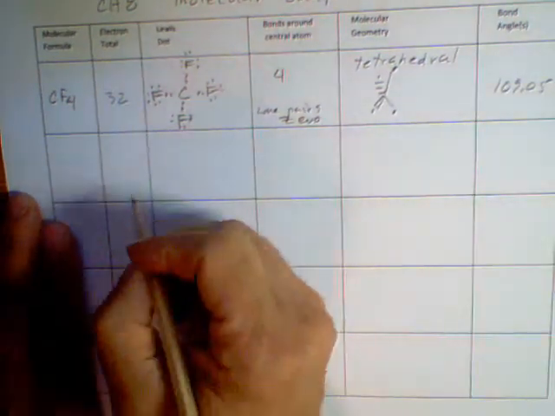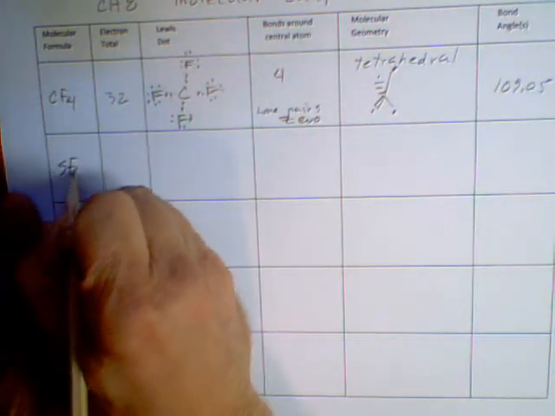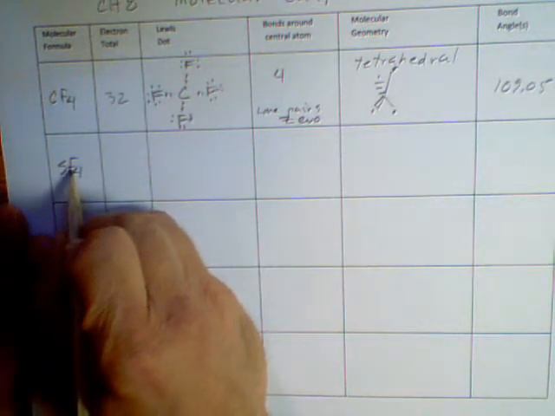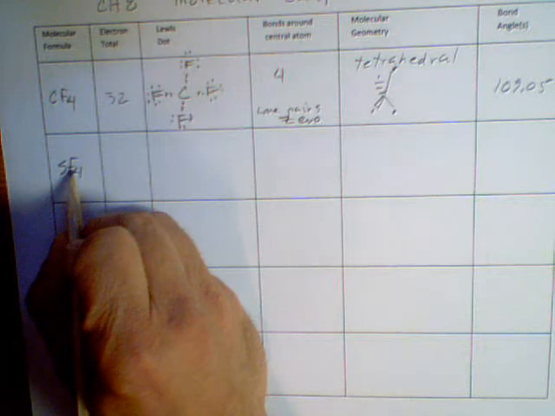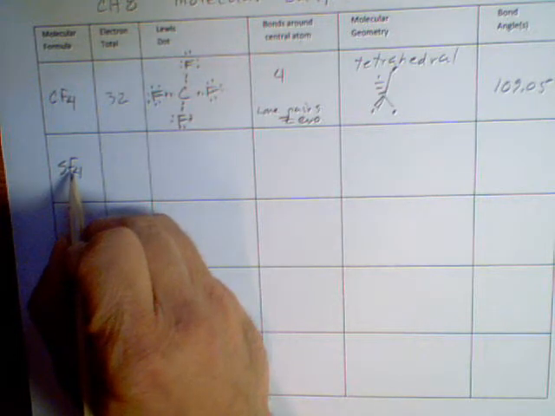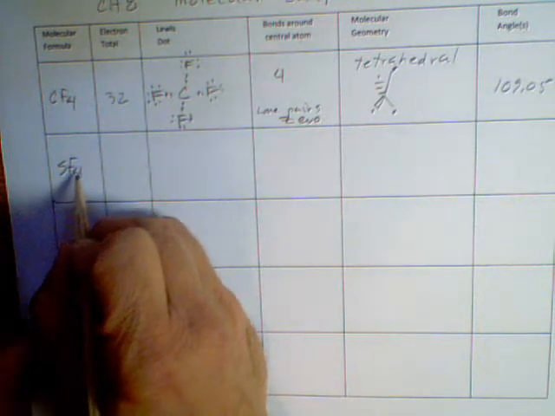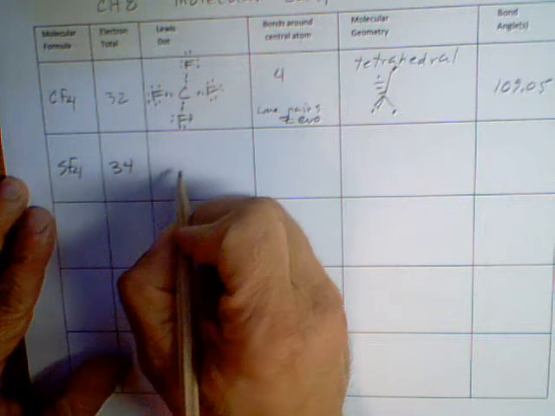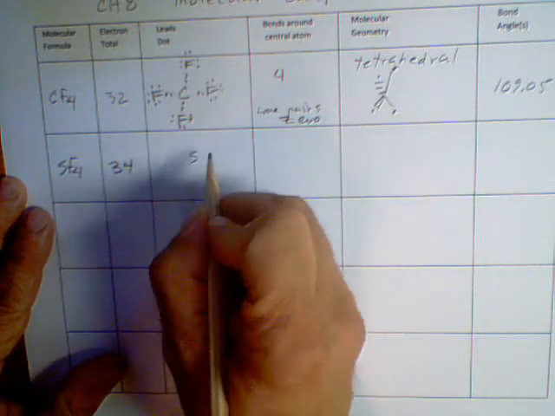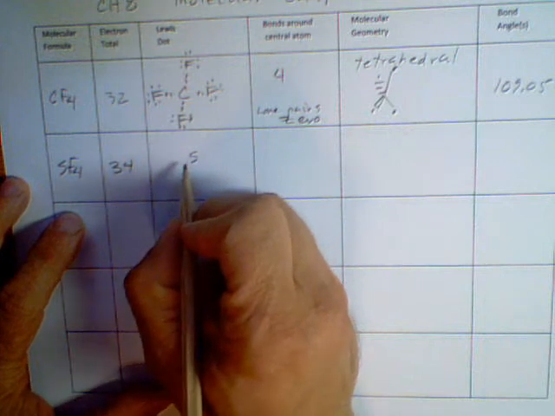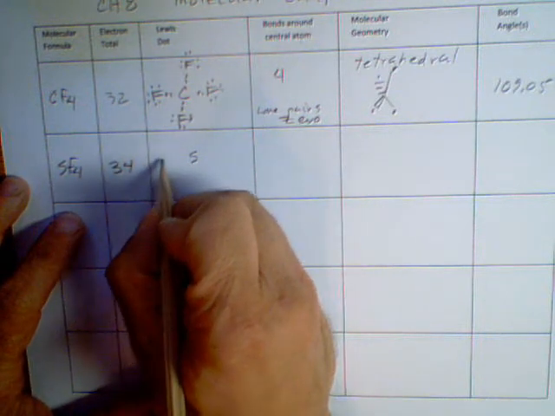Now the next one is SF4, and these are 7 times 4, and sulfur's got 6, so we have a total of 34 electrons, and our central atom is the sulfur, and we've got 4 fluorines around it.